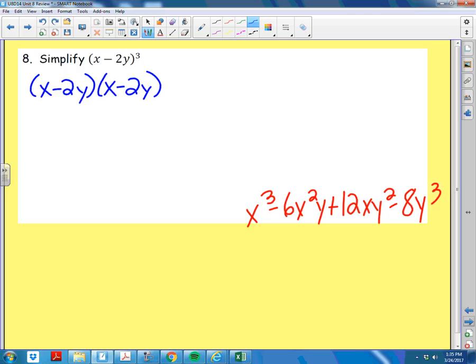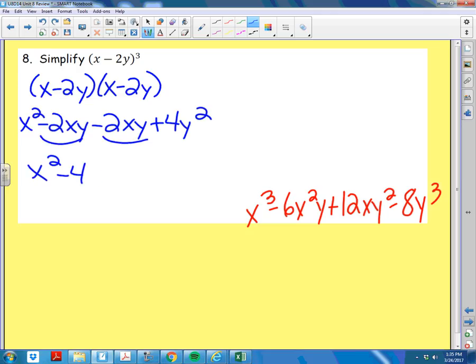I'm just going to FOIL it. X squared minus 2xy minus 2xy plus 4y squared. Now, always write your variables alphabetically so you can recognize that these are like terms. So you end up with x squared minus 4xy plus 4y squared.